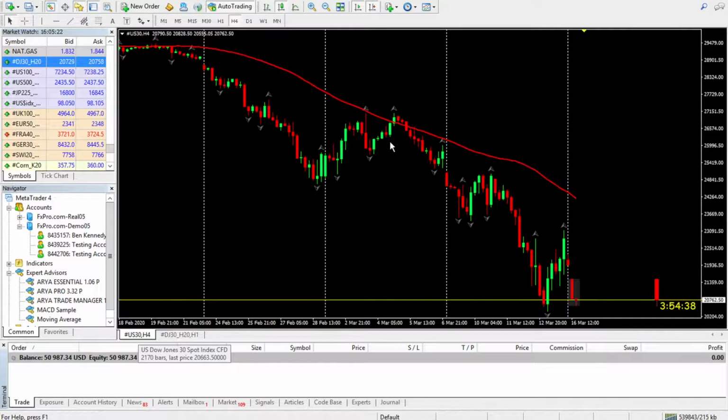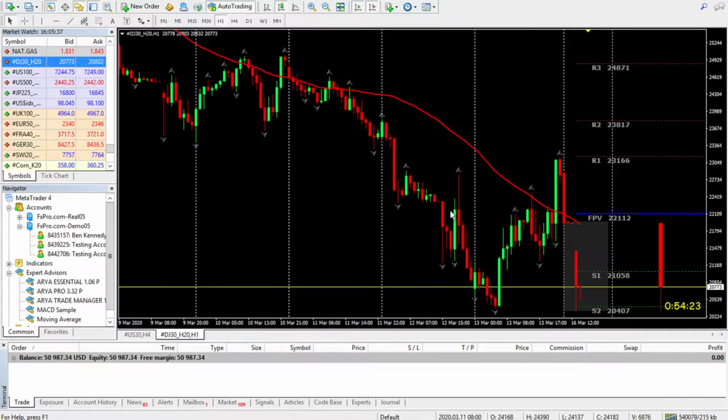So if we now take the Dow Jones 30 and also the Dow Jones 30 H20, these are very, very similar instruments, but vastly different in terms of the contract sizes that they accept. They don't offer the same contract size at all, nor the same point values per contract.